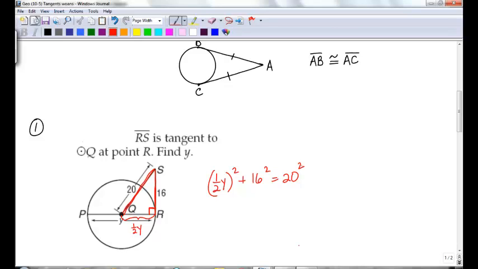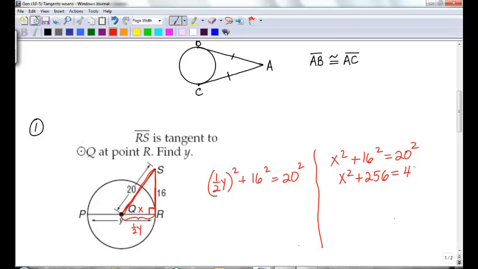Sure, you could go the other way. Okay, so she's saying go the other way. Let's label this as an x as an example. So if we did that, we do x squared plus 16 squared equals 20 squared. 16 squared is what? 256.